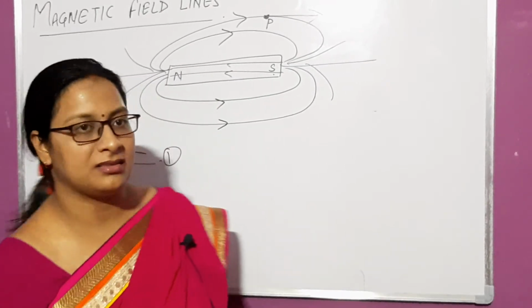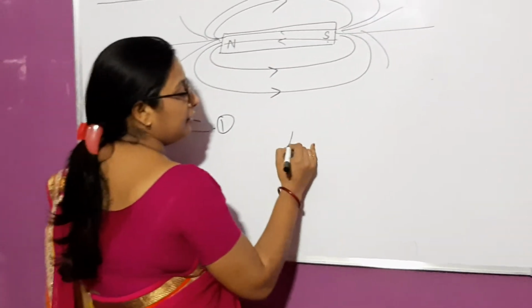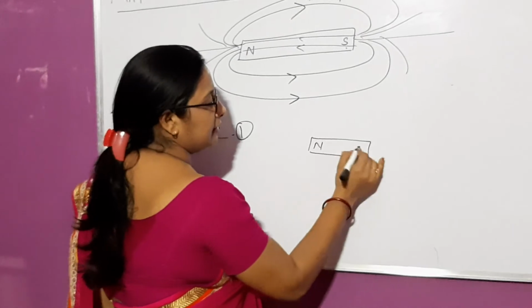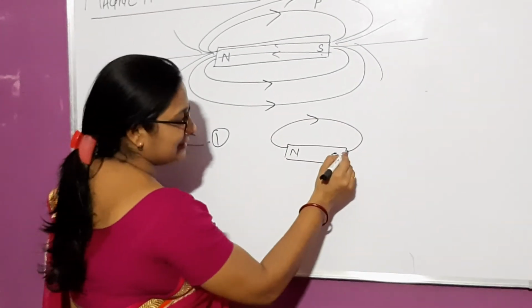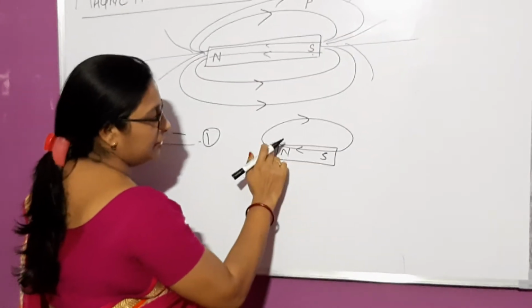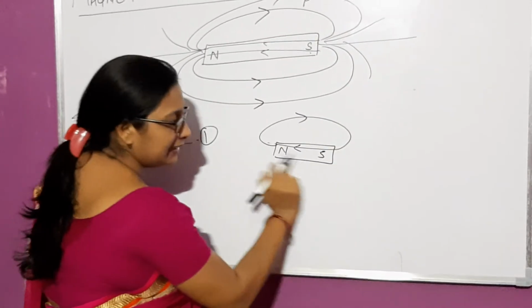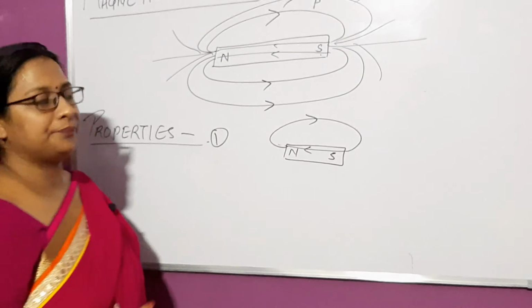Justify your answer. Simply, the direction of magnetic field lines outside the magnet is north to south and inside the magnet south to north, so they form closed and continuous loops.